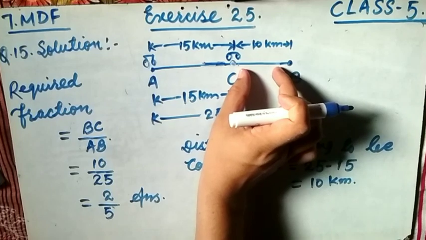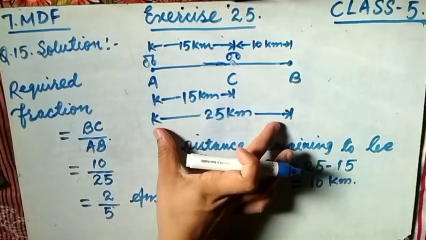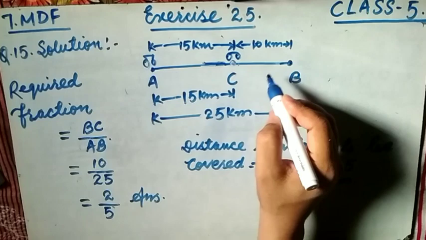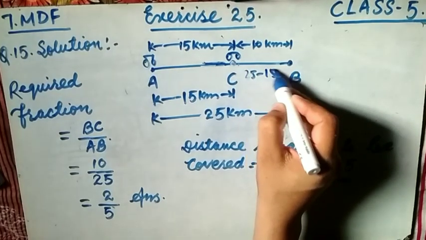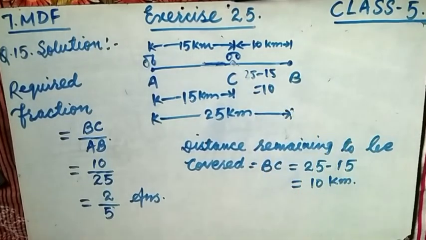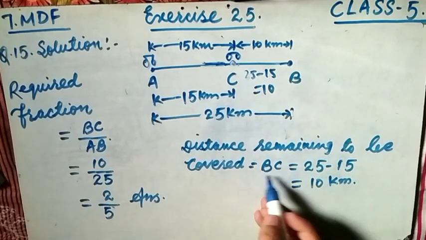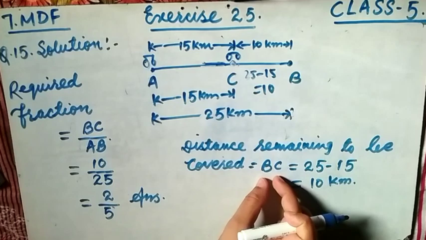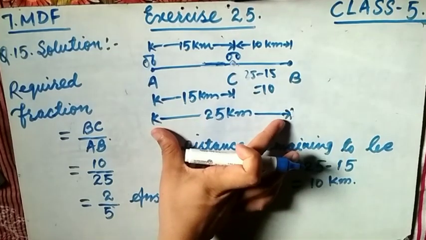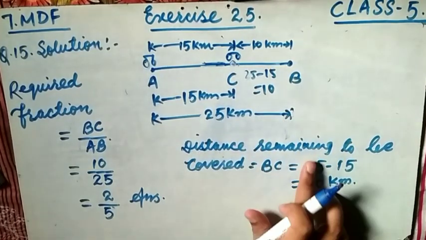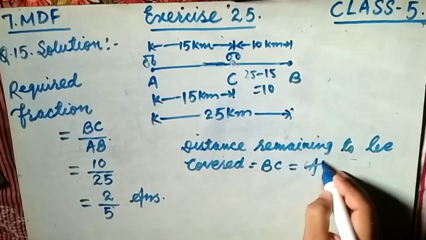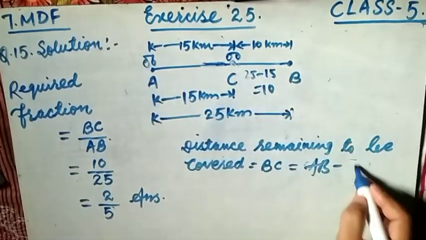So what distance? Total 25 minus 15. 25 minus 15 is equal to 10 kilometer. So here the distance remaining to be covered is BC, and BC can be written as the total distance AB minus this distance AC.